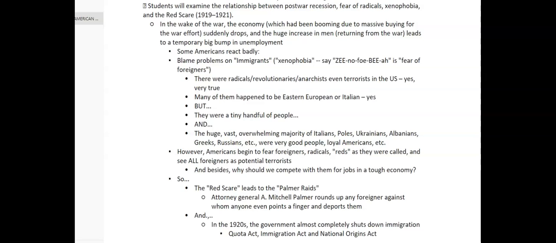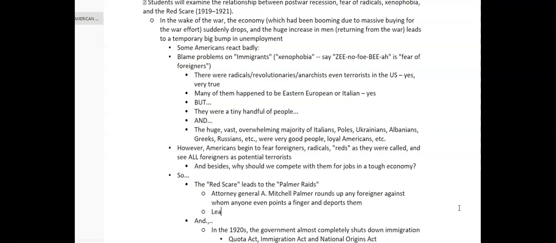Well, the Palmer raids and the Red Scare was one thing. I should also point out it leads to the creation of the FBI. The Federal Bureau of Investigation is in part created to investigate radicals in America. And in the 1920s, during this period, the government almost completely shuts down immigration.